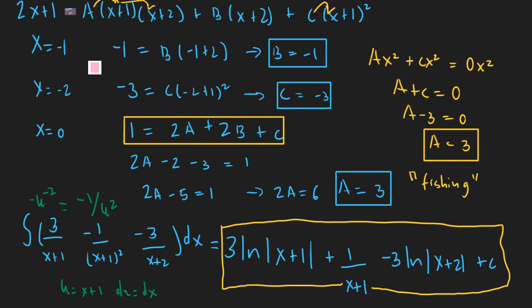But you'll notice that it does technically work in some cases, of which I'll leave that to you to work on, whether you want to keep plugging in values, or do you want to FOIL, group the x's, group the constants, and any other higher order x's, and then you get a system of equations. Or maybe you want to fish around and see what you can extrapolate from the right-hand side, and then solve it from there. Either way, we just need to get the right answer, right?